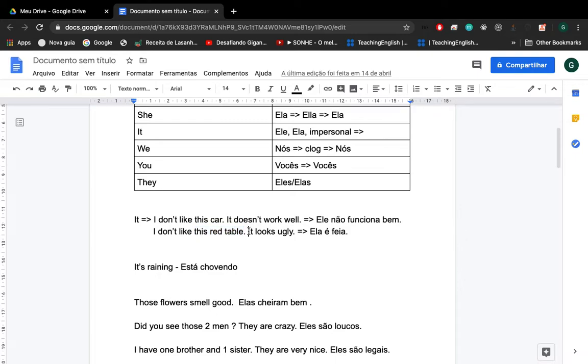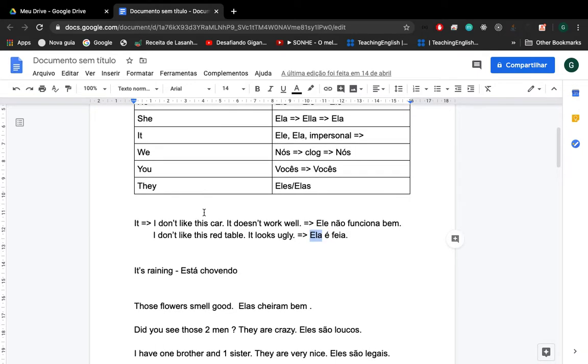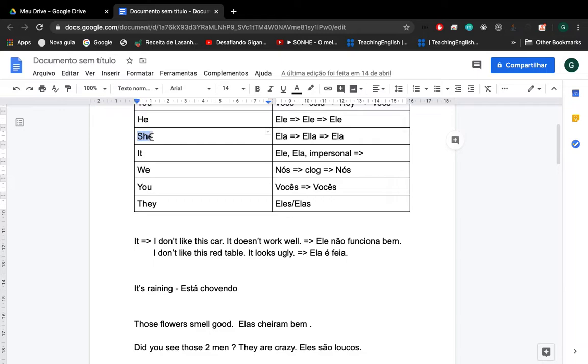So if I'm going to translate "it looks ugly" into Portuguese, I'm going to have to say "ela é feia." Remember, ela is "she" in English. Why is that? Because table is an object and objects have gender in Portuguese.